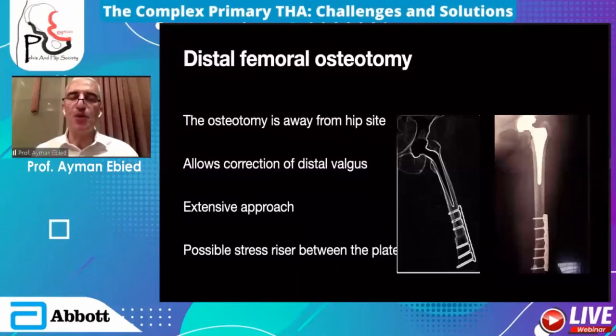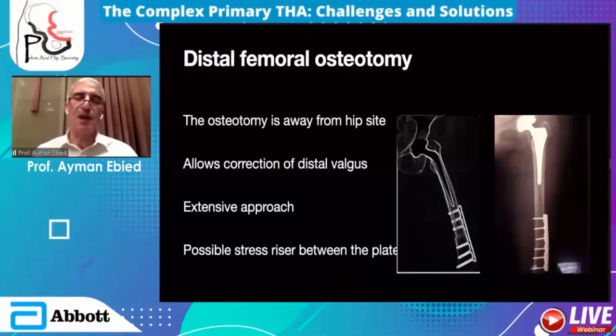So you can perform a correction of the valgus deformity in addition to performing a hip arthroplasty and fixing the osteotomy distally away from the stem. But again, it is an extensive approach, because you're going to approach almost the whole of the shaft of the femur, or another extensive incision distally in addition to the proximal incision.